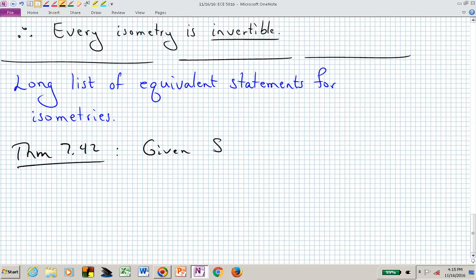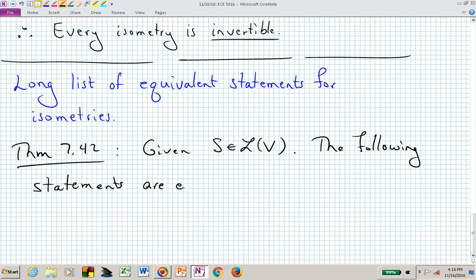Given S being a linear operator on a vector space V, the following statements are equivalent.